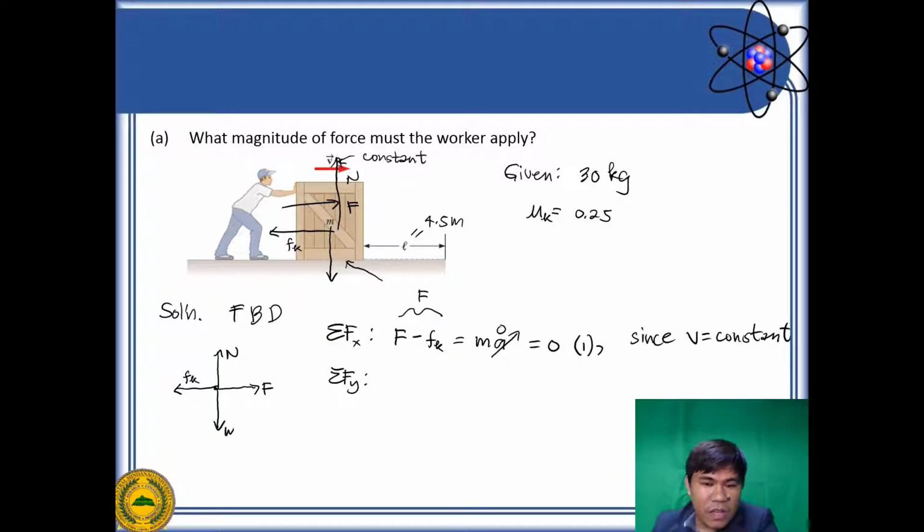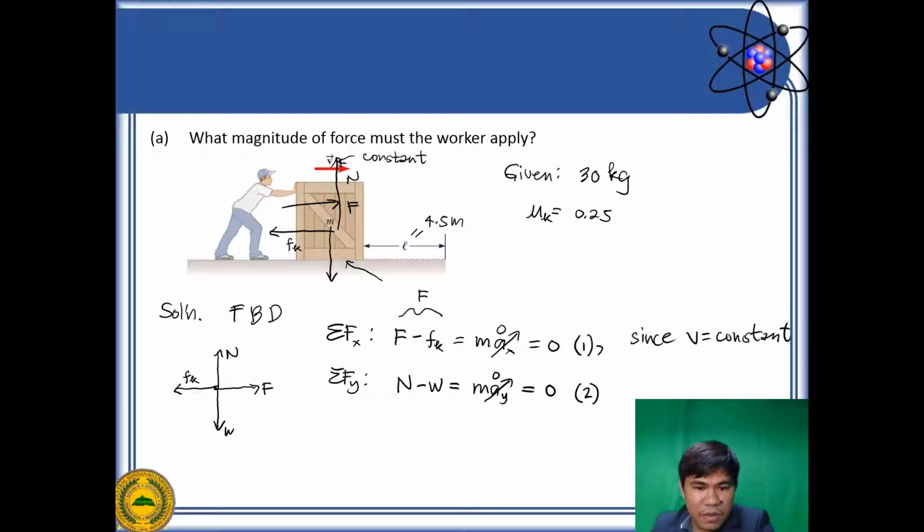If we do the same for the y component, we have the normal force at the top, which is positive, minus the weight, and that should be equal to ma along y. But since the crate does not move along the y-axis, the right side is also equal to 0. We call this equation number 2.